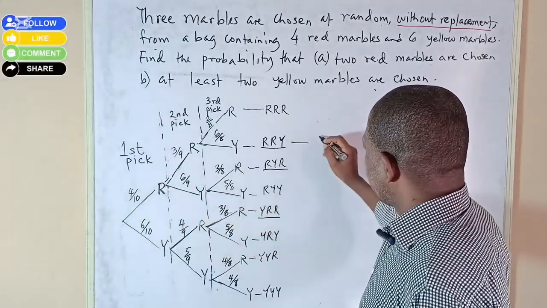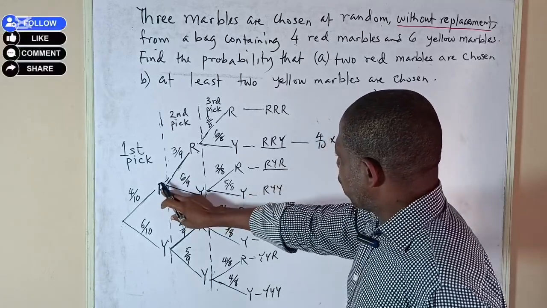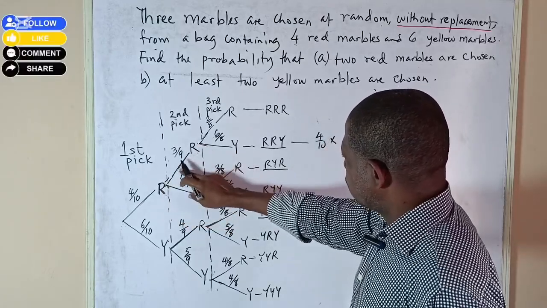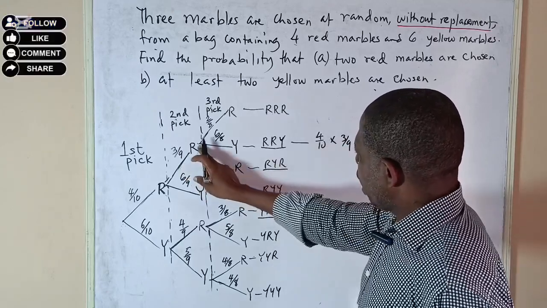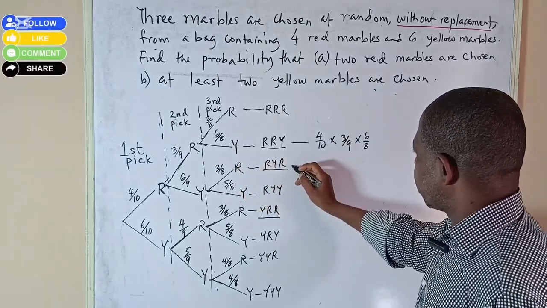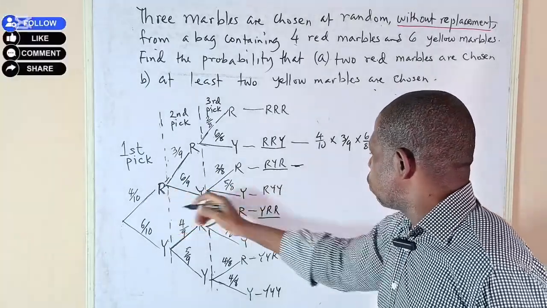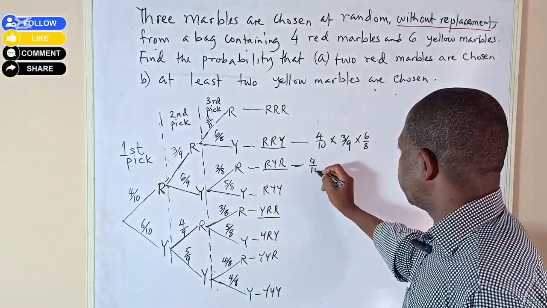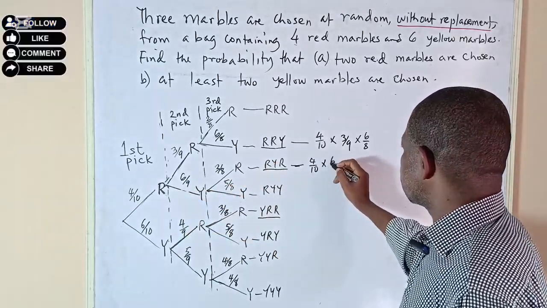First is red, so we have 4/10, red again, 3/9, and then yellow, 6/8. Second case here, first is red, 4/10. Second is yellow, 6/9.